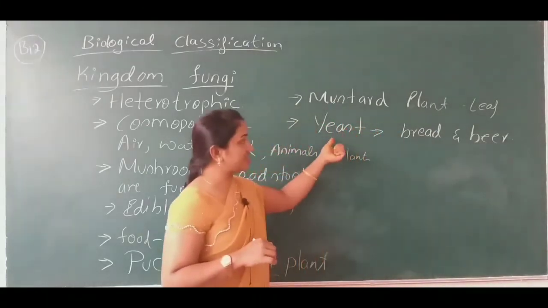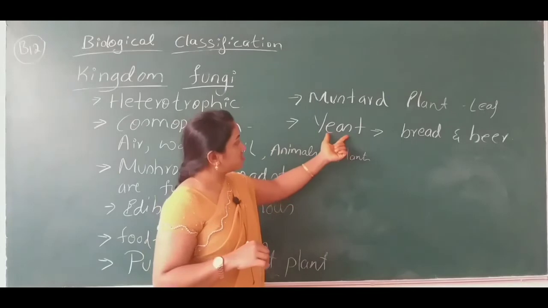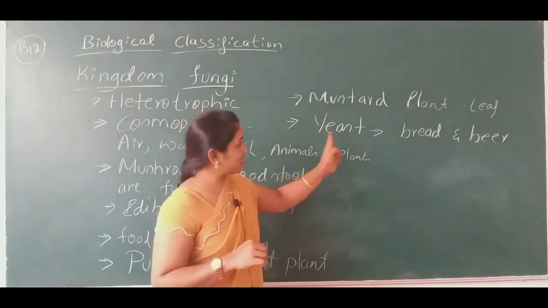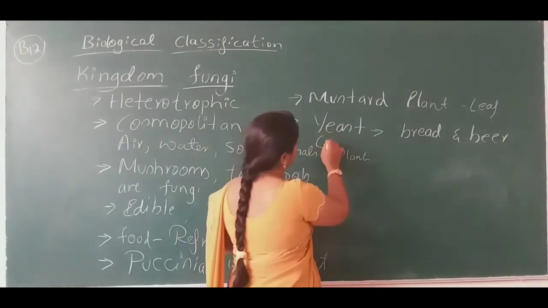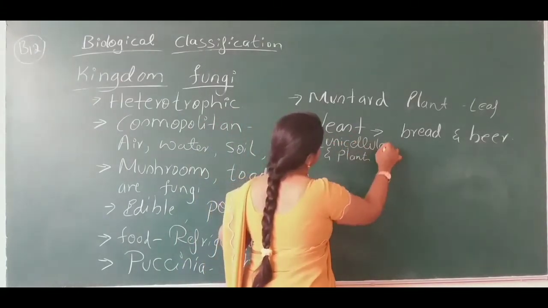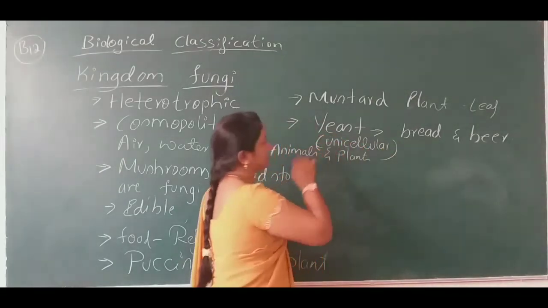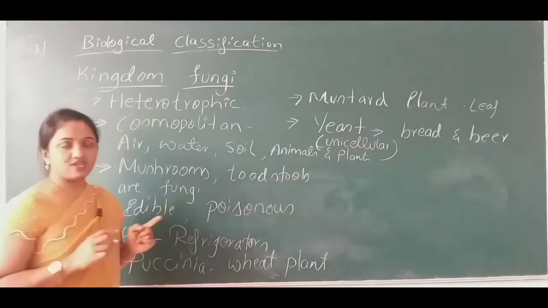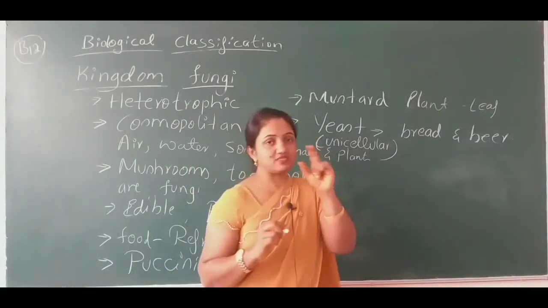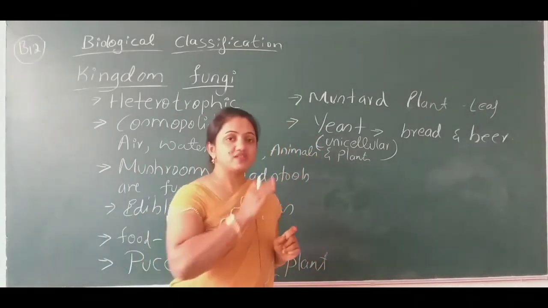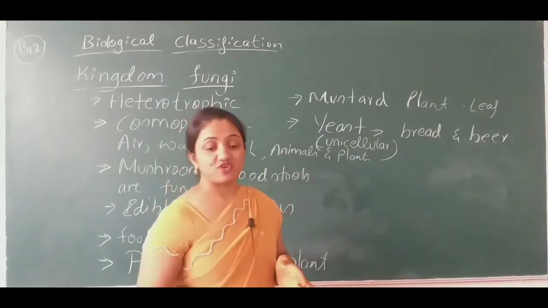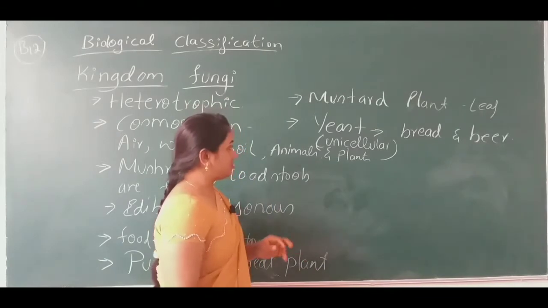The fungus name is yeast. Yeast is a unicellular organism. This is the only organism in the form of a single cell, and all other organisms will be in a filamentous form. What is that filamentous? I'll tell you in short.